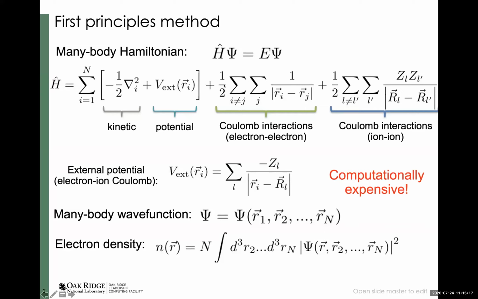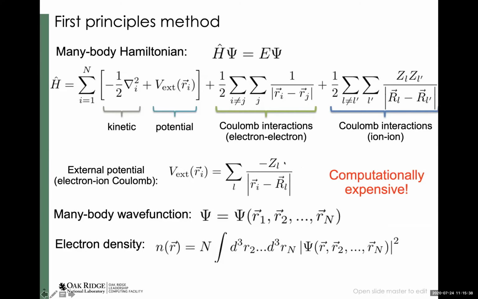Then we have the interactions of the electrons themselves, and finally, to get a total energy, we would also have to consider what the nuclei themselves are doing. That's not very relevant for what we are discussing here.